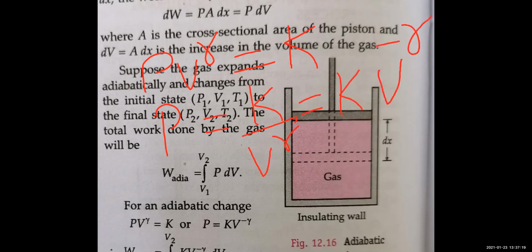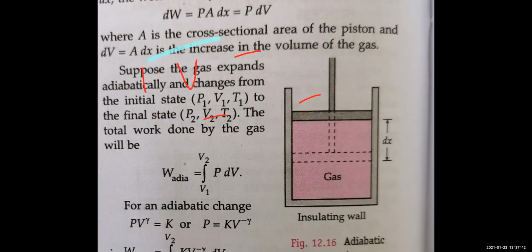Gamma in the denominator, V raised to gamma goes up, that will be minus gamma. So this value of P, that is K V raised to minus gamma, we will substitute over here. K is nRT, right? I will show you.